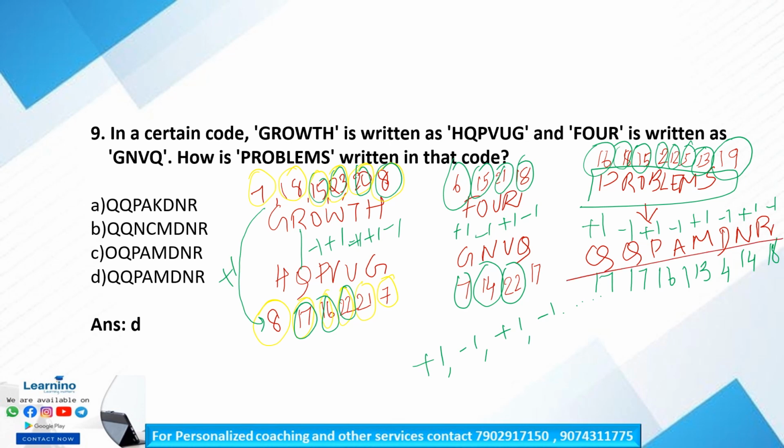Okay. So this is our final answer. This is the code for PROBLEMS. That is QQPAMDNR, option D is our correct answer. Okay. So the pattern followed here is plus 1, minus 1, plus 1, minus 1 etc. Is it clear? So moving on to the last question, question number 10.